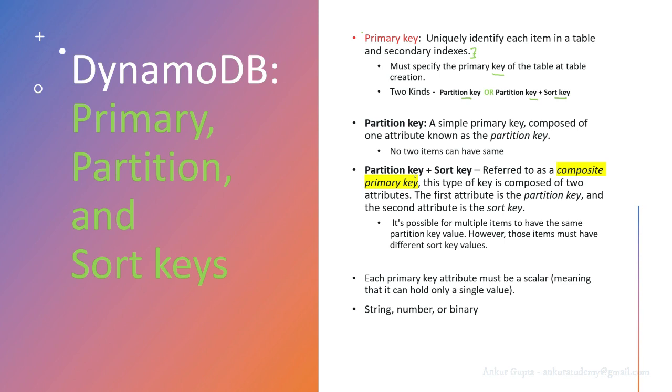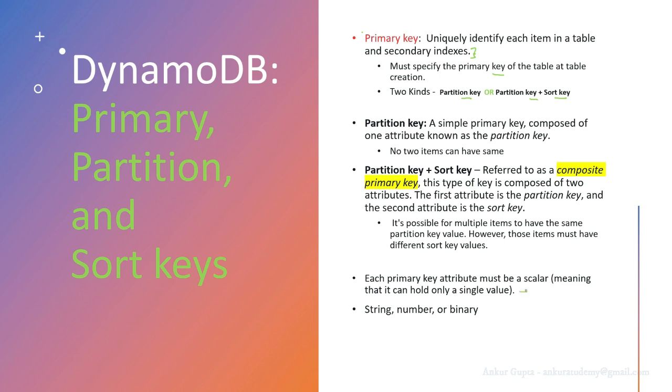So multiple items can have the same customer ID. So in that case, you can have partition key as customer ID. You can also define sort key as order ID. So the combination of both partition key and sort key will always be unique. So this allows you to have more flexible querying in the table.